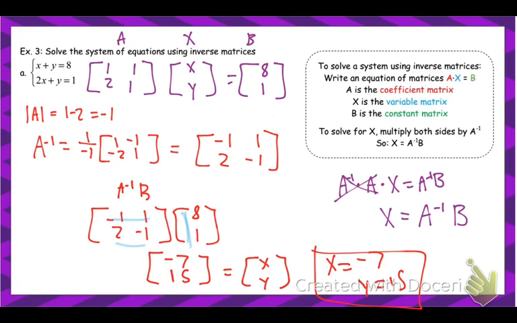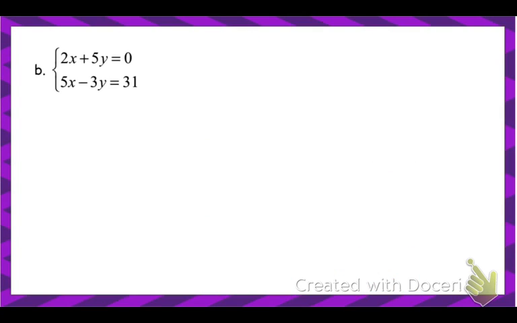So let's go ahead and try another example. Go ahead, pause the video, and then try to solve this one using matrices. All right, so what I would do here is start with my coefficient matrix. So that's A. So I'm going to find A inverse. Start by finding the determinant. So that's going to be negative 6 minus 25, which is negative 31.